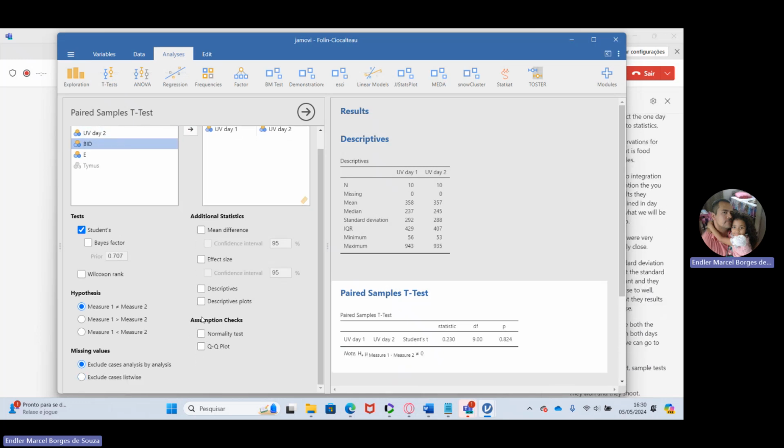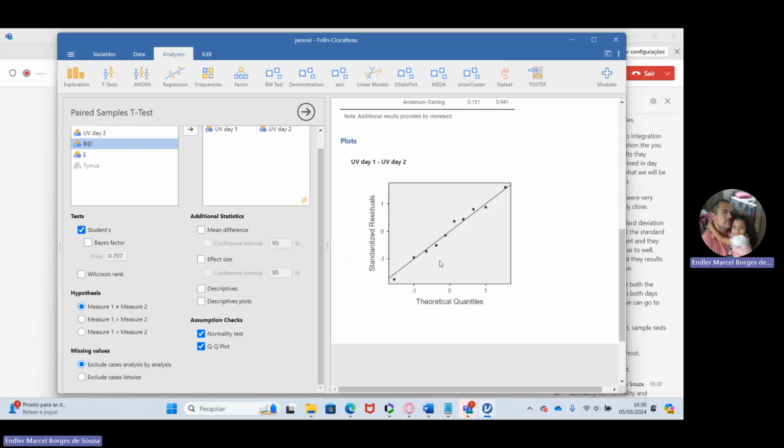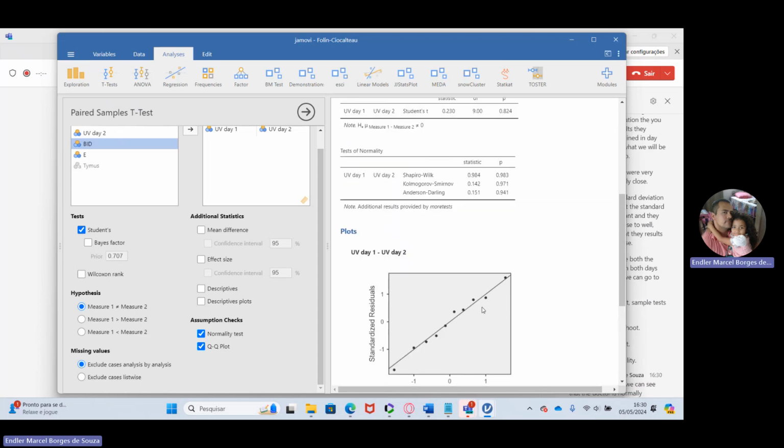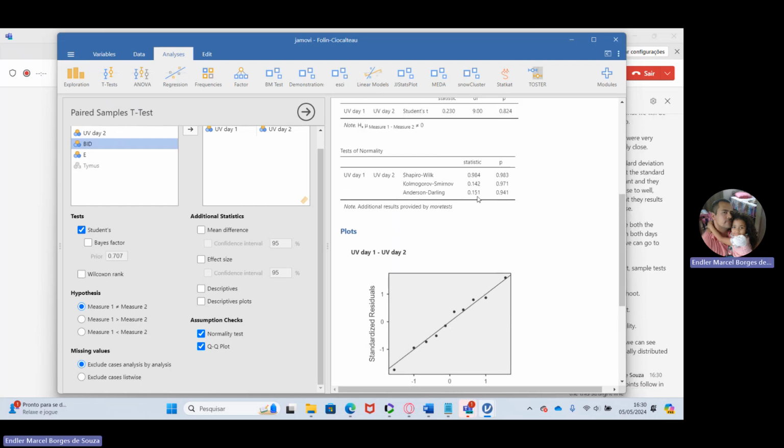We can check data normality first, using Q-Q plots. We can see that the data is normally distributed because all points follow the straight line. The Shapiro-Wilk test and the Anderson-Darling test also say that the data is normally distributed.